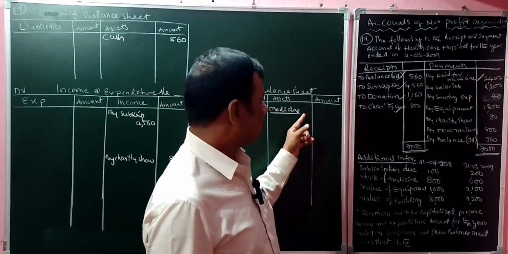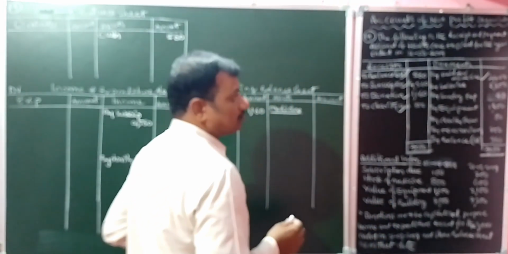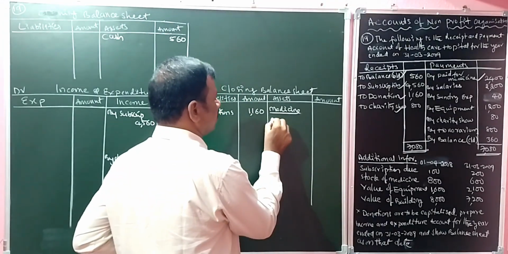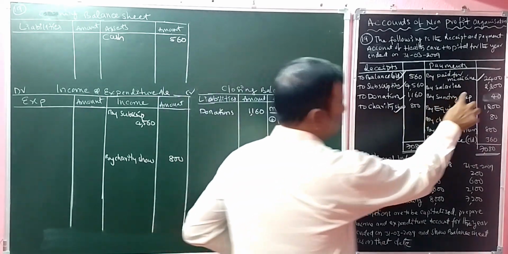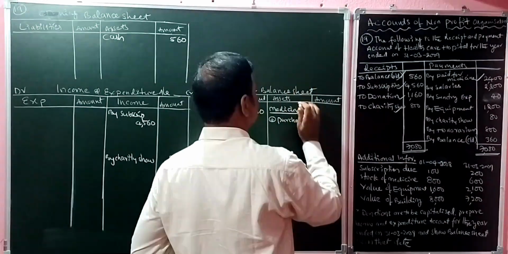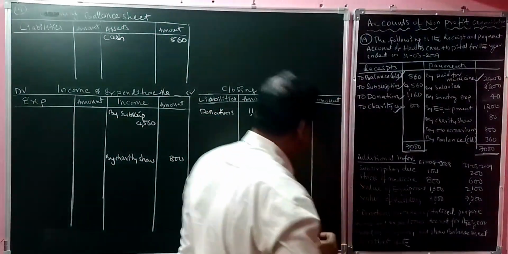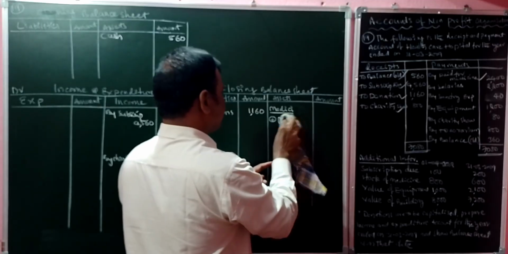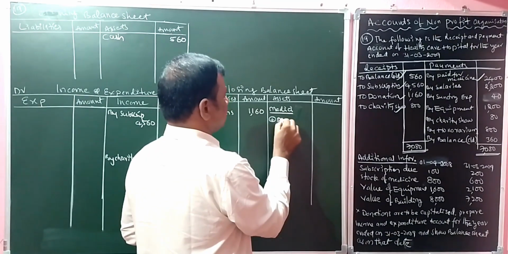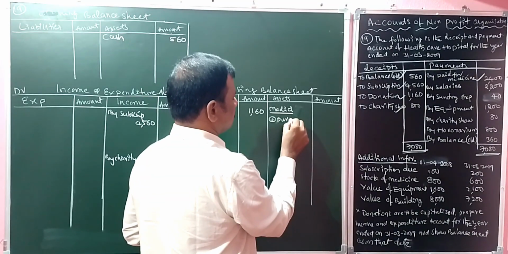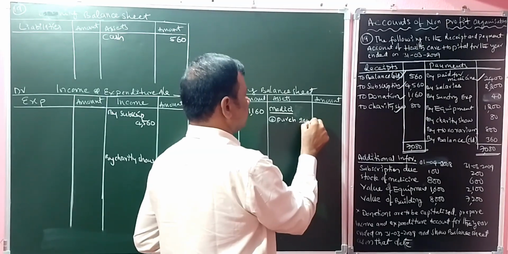Then, from the payment side, medicine purchase value is added. The purchase value given is 2,400, in the inner column.